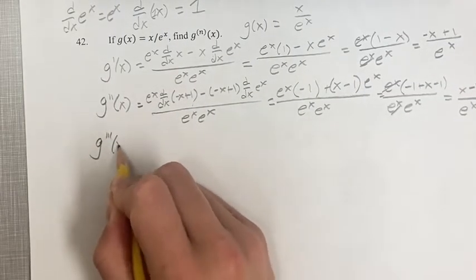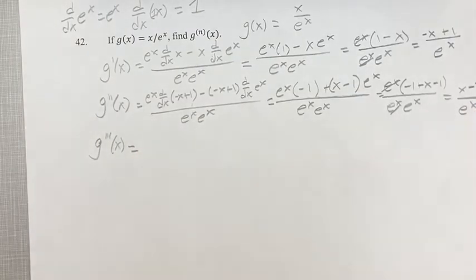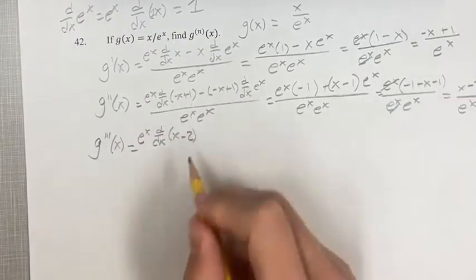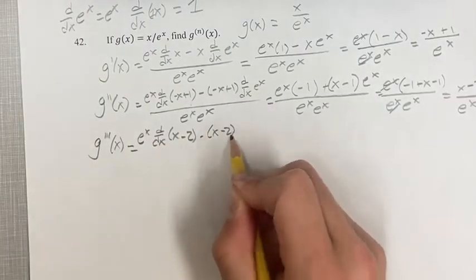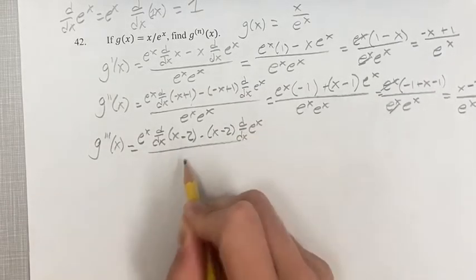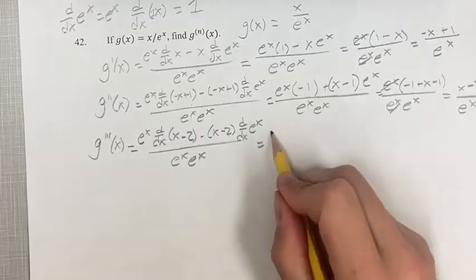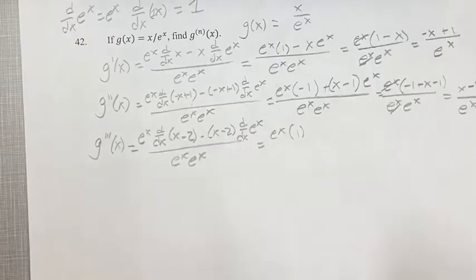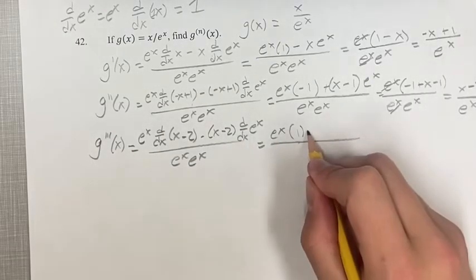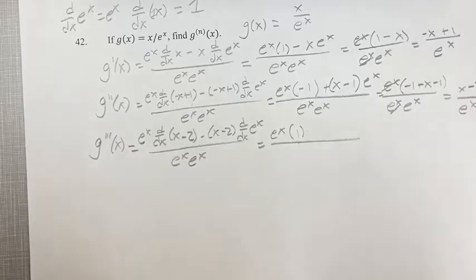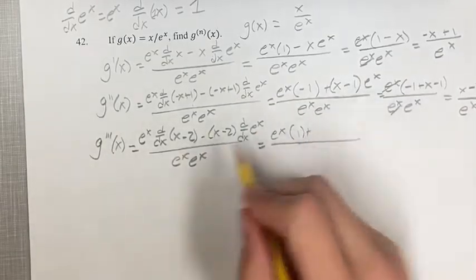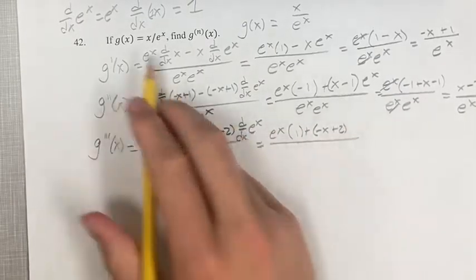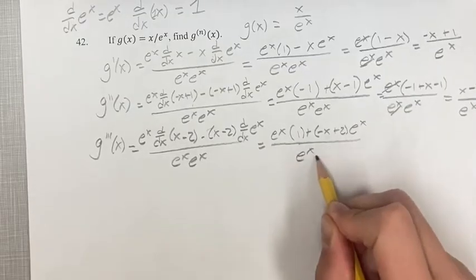But calculating the third derivative, similar thing here, quotient rule: denominator times the derivative of the numerator, minus the numerator times the derivative of the denominator, over the denominator squared. This is equal to e to the x times the derivative of x, which is 1, minus the derivative of 2, which is 0, so 1 minus 0 is just 1, minus, we can think of this as plus, distributing the negative there, negative x minus negative 2 is plus 2, derivative of e to the x is e to the x, over e to the x, e to the x.